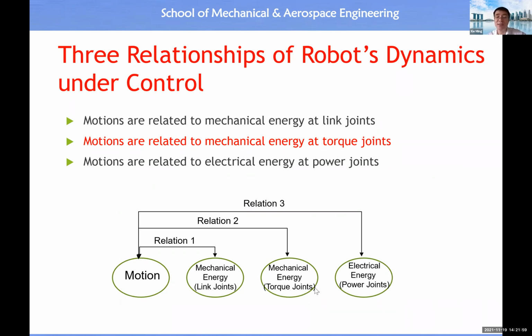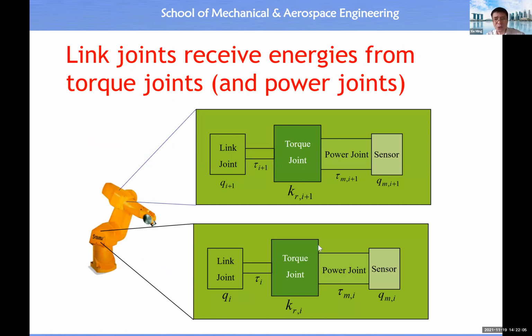So we must move one step further. Then we need to know what will be the relationship between the input torque to the top joint and the output torque from the top joint. The answer will be tau is equal to k times tau m.